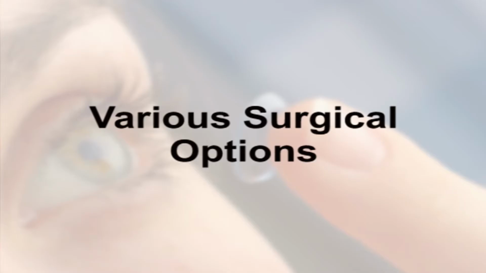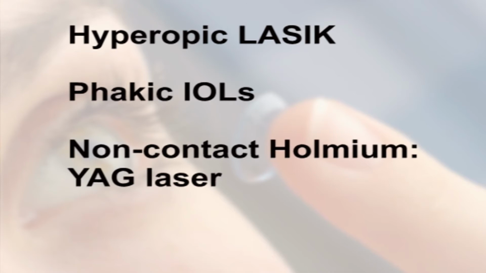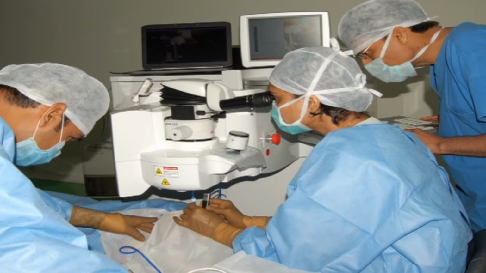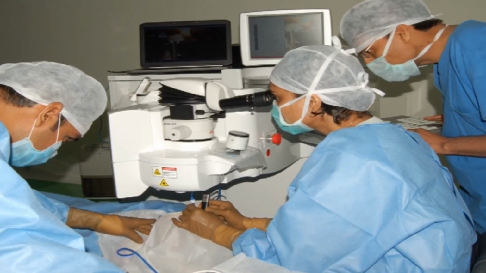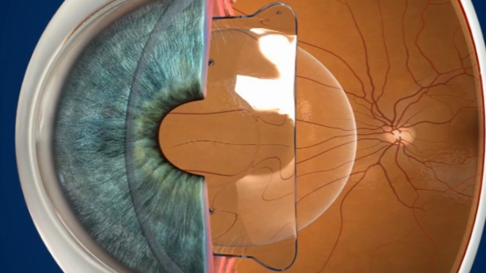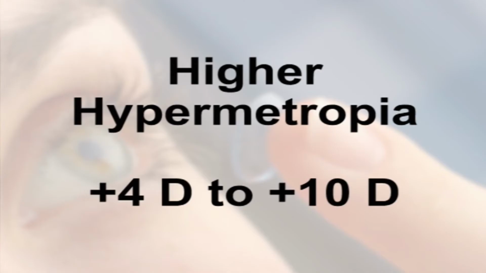The various surgical options are hyperopic LASIK, phakic IOLs, non-contact holmium YAG laser, and thermokeratoplasty. Hyperopic LASIK is used to correct mild to moderate hypermetropia, in the range of +1 diopter to +4 diopter sphere, and the phakic IOLs for higher degrees of hypermetropia, which refers to +4 to +10 diopter sphere.